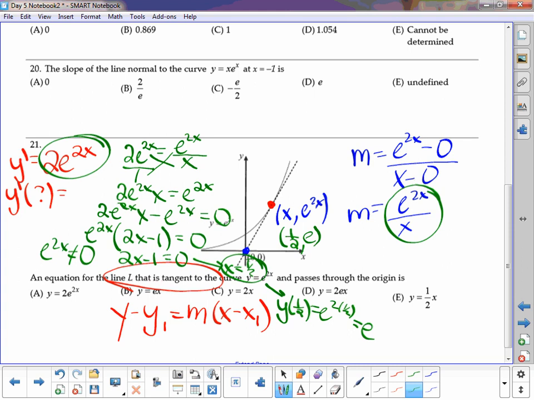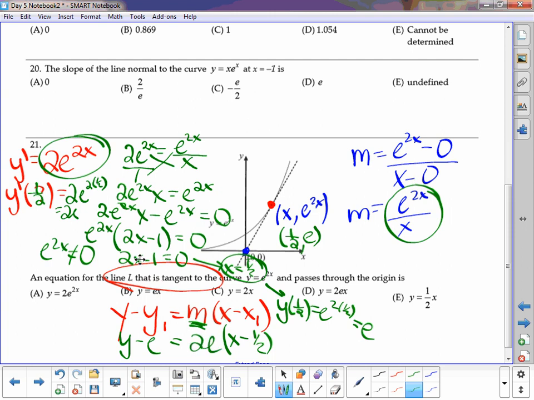Okay, so now we have our point. I can fill those pieces in. Now I need to find my slope. Again, we do our derivative, and now we have to find our derivative at that point of 1/2. So putting 1/2 in, I get 2e to the 2 times 1/2, which is just 2e.